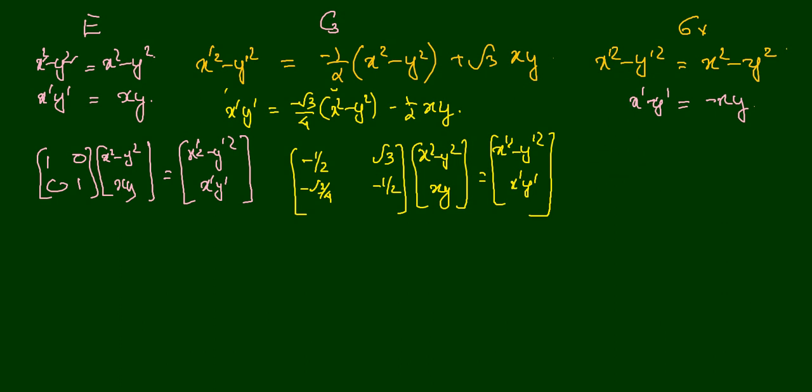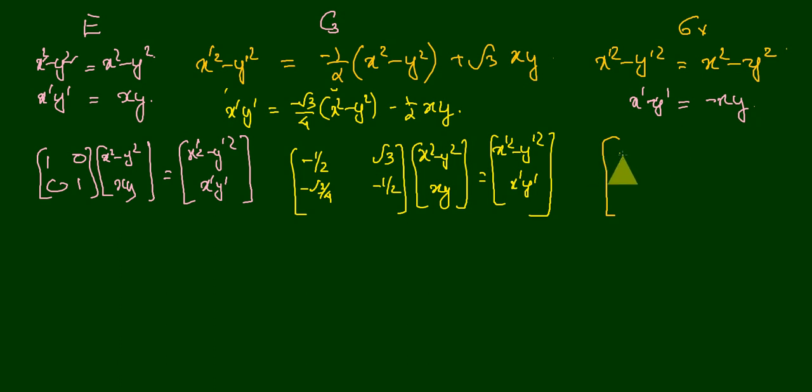I can write it like x square minus y square is equal to x dash square minus y dash square and x dash y dash is equal to minus xy.